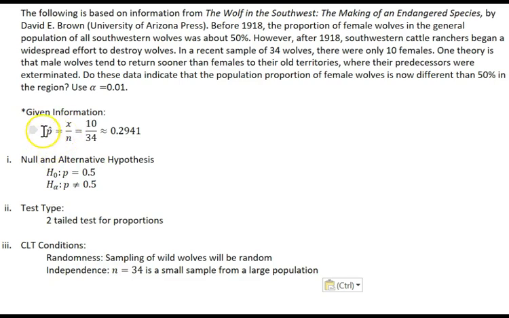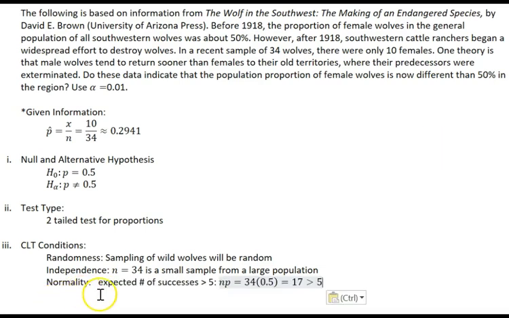I'm not going to use p hat right now, what actually happened, but what I would expect to happen if this is true. Whenever possible, I want to use this value for p and not my sample p hat, because this is based on my assumption. I'm always going to use this value whenever I can because it's my assumed true value.